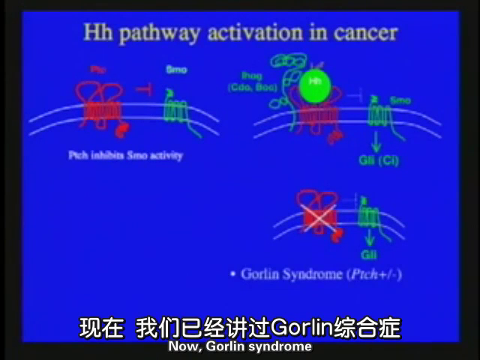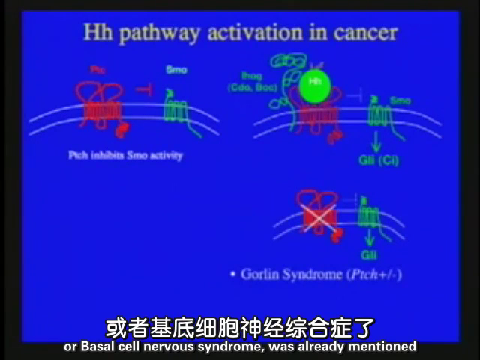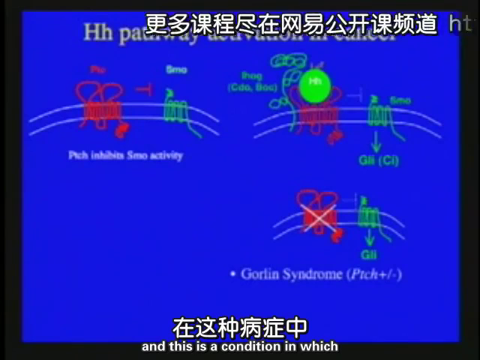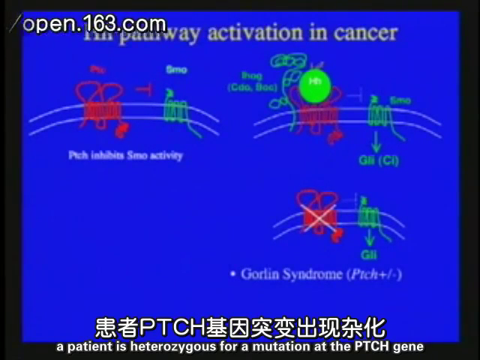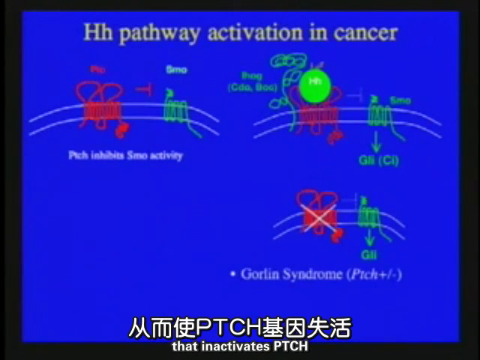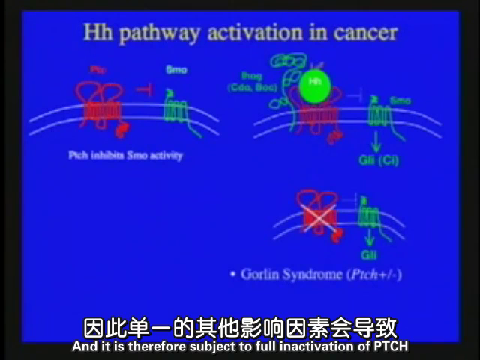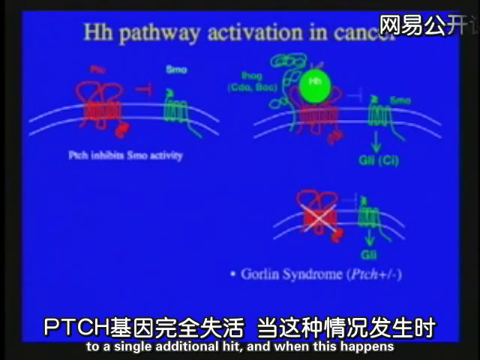Now, Gorlin syndrome or basal cell nevus syndrome was already mentioned. And this is a condition in which a patient is heterozygous for a mutation at the patched gene that inactivates patched, and is therefore subject to full inactivation of patched through a single additional hit.